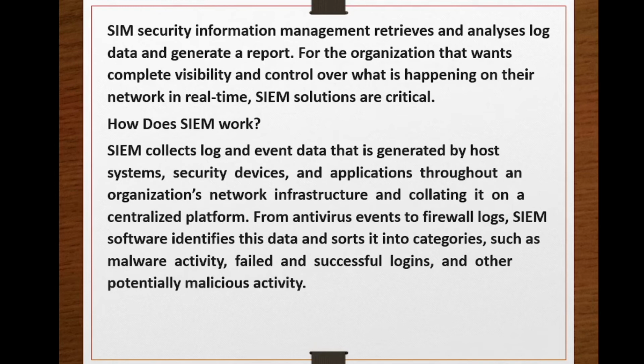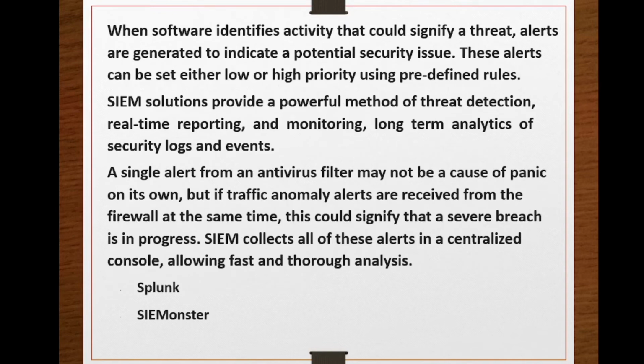This can be asked. SIEM collects log and event data generated by host systems, security devices, and applications throughout an organization's network infrastructure and correlates it on a centralized platform. From antivirus events to firewall logs, SIEM software identifies this data and sorts it into categories such as malware activity, failed and successful logins, and other potentially malicious activity.